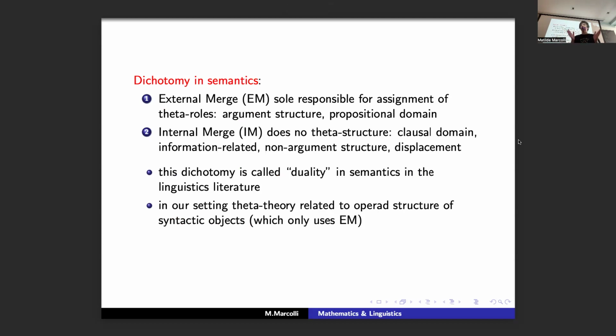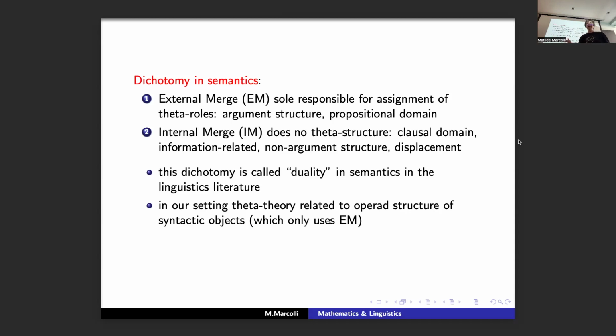It's really more like a dichotomy between the role that external merge and internal merge have. The way it's usually stated is that external merge is responsible for this assignment and matching of theta roles. And internal merge that moves structure around does not affect the theta roles. So it doesn't create new theta roles. It doesn't require matching of theta roles.